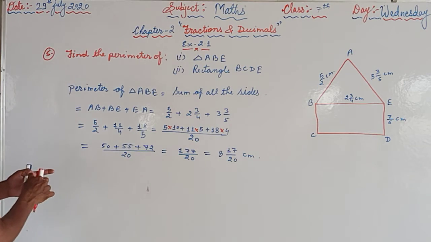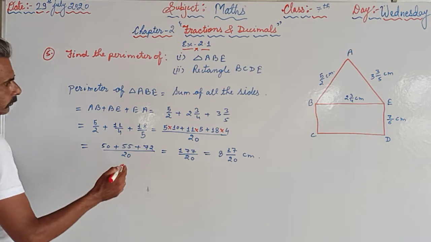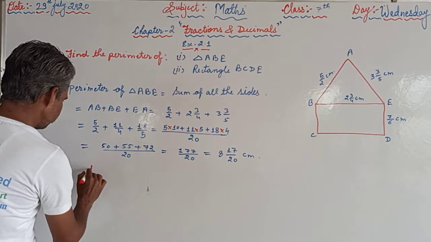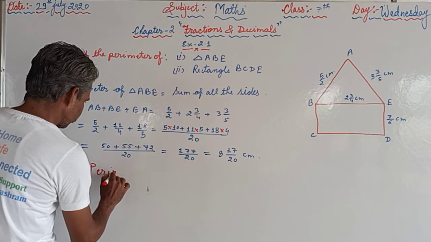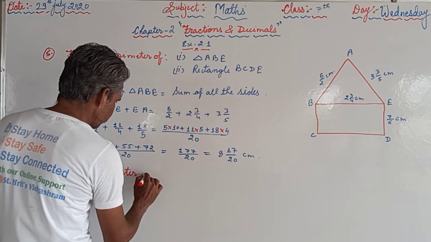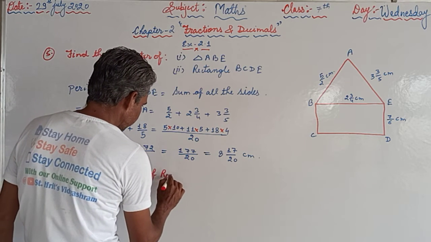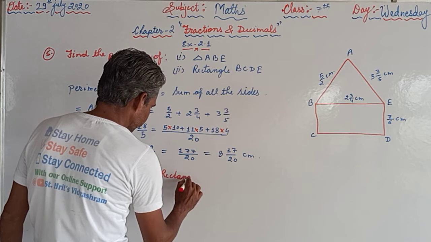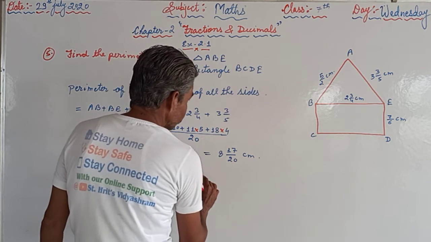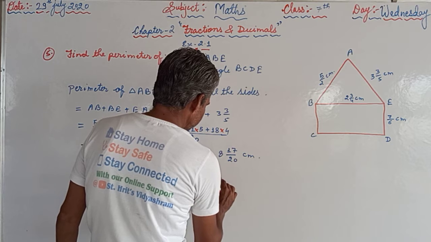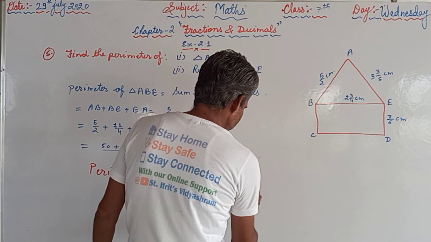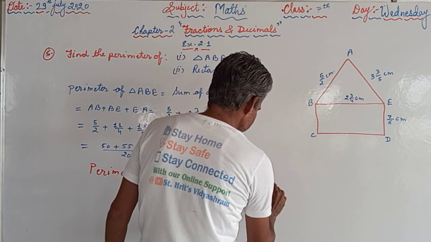Now we have to find the perimeter of that rectangle. Perimeter of rectangle BCDE will be equal to 2 into length plus breadth.